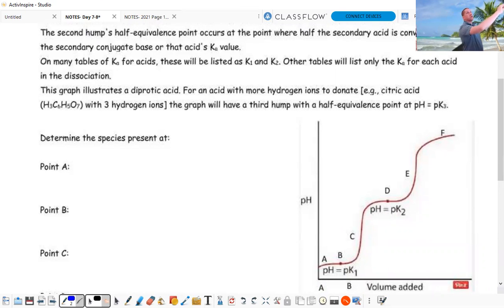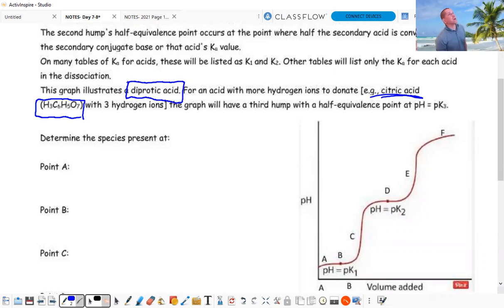So this demonstrates citric acid. Citric acid has a funky organic chemistry formula, but they would tell you that it is diprotic. It looks like it would be triprotic based on the formula, but this one is actually diprotic. If it was triprotic, you'd have a third.